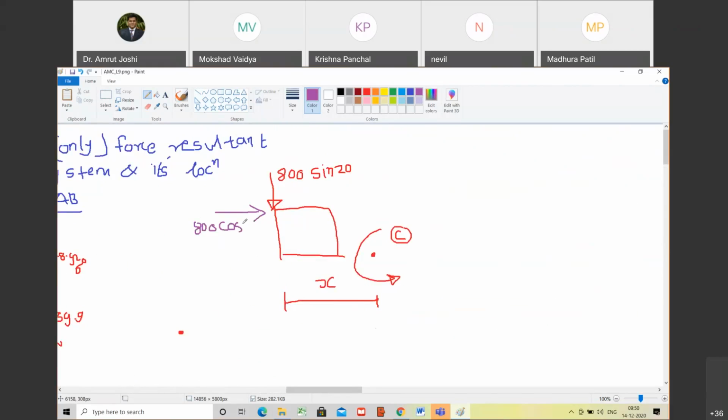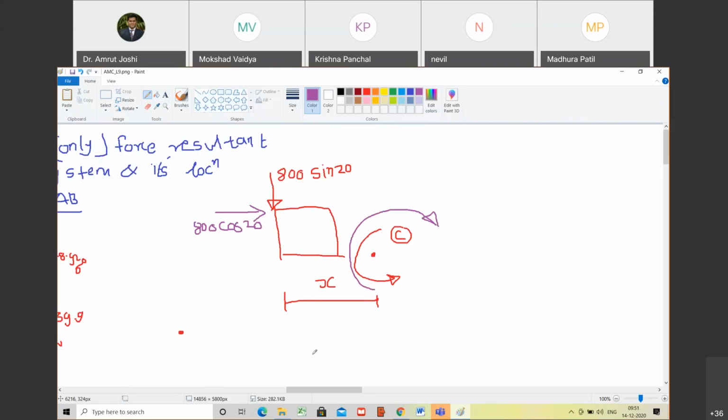And where are we taking its moment? We are taking its moment at C. So what kind of moment does it produce? Clockwise or anticlockwise? Sir, clockwise. So this is going to be clockwise in direction.